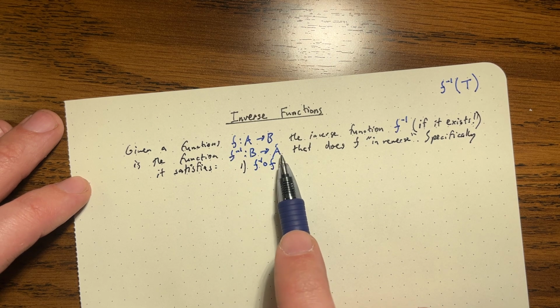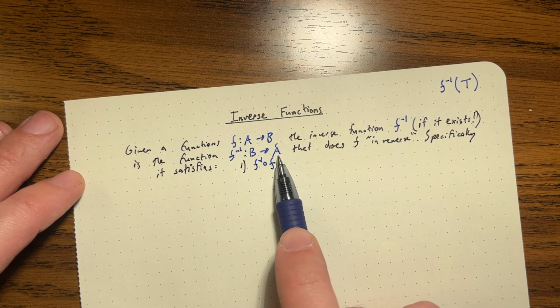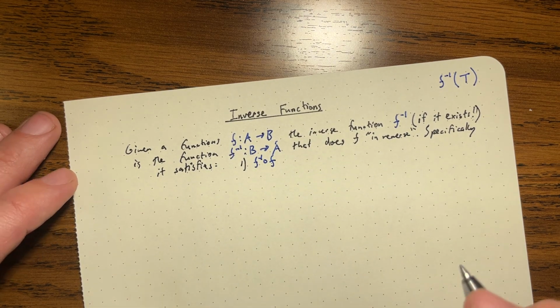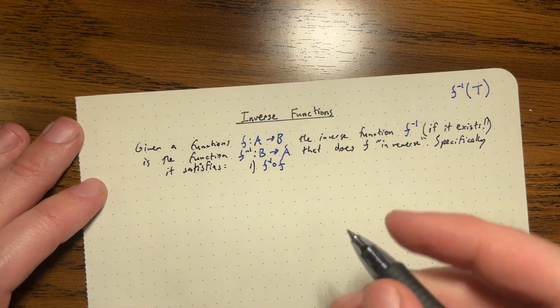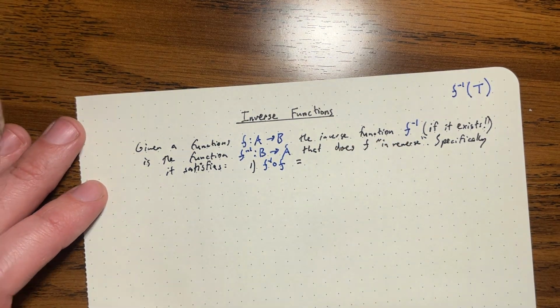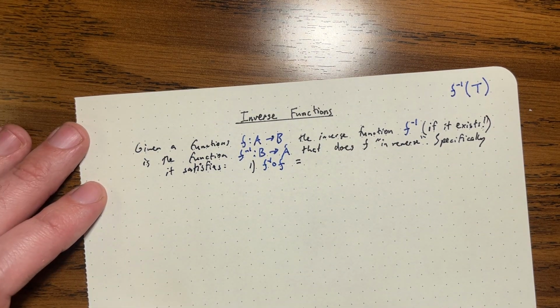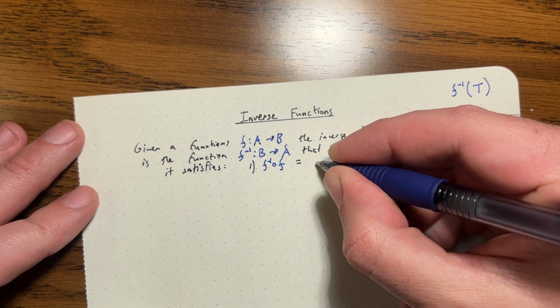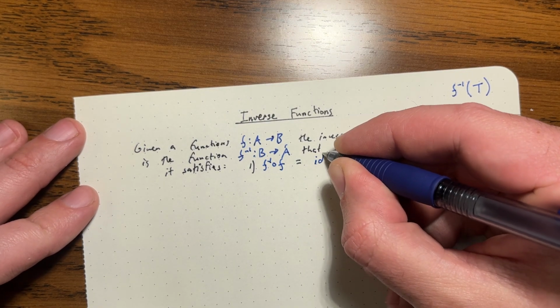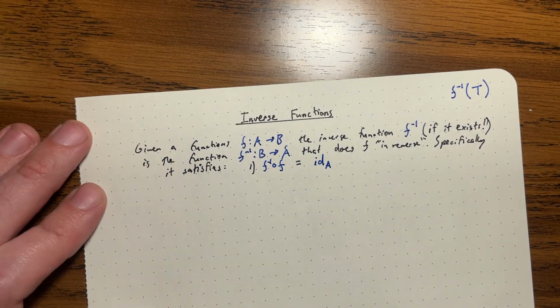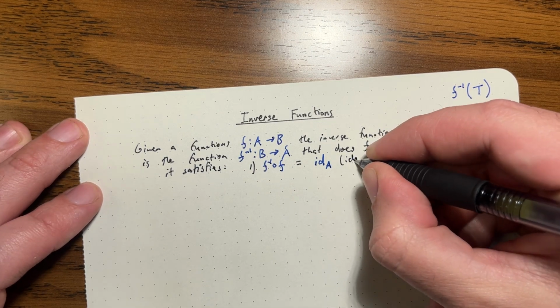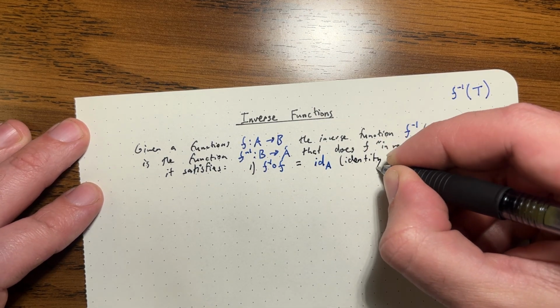That takes me back to A, and it'll do it in a predictable way. I'll just map every element back to itself. Okay, that's what I want this inverse function to do. And so it's the identity function on A, the function that maps everything to itself.